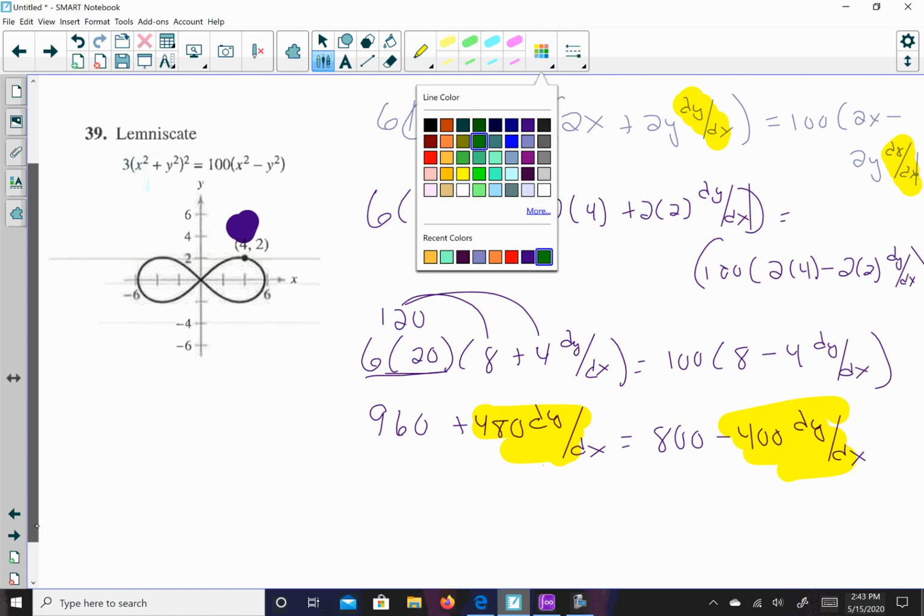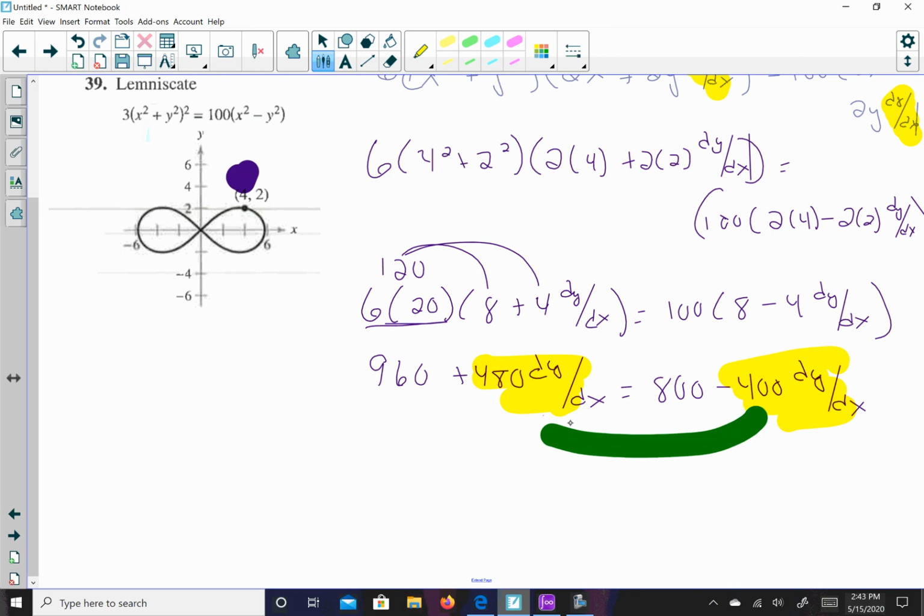So I am going to bring this over here. I hate when it does that. So this will be 880 dy/dx. And then I'm going to take this over to the other side, so that'll be a negative 160.